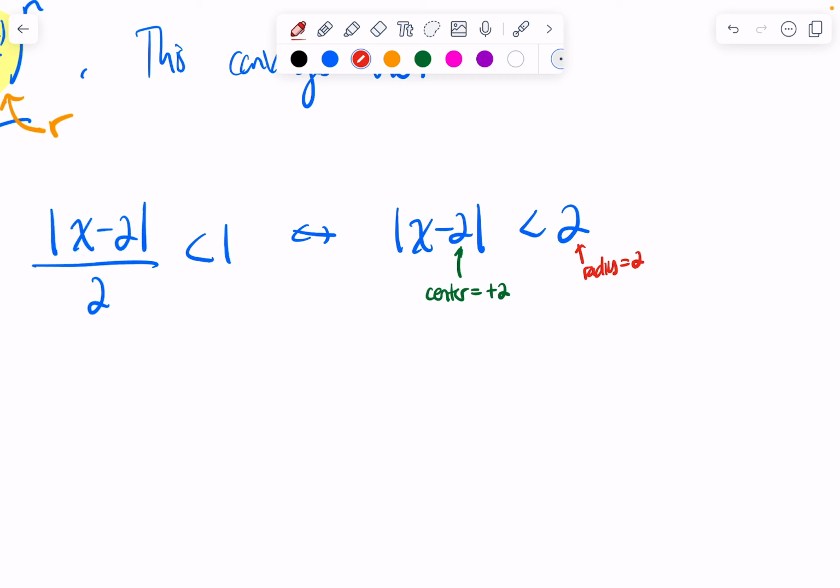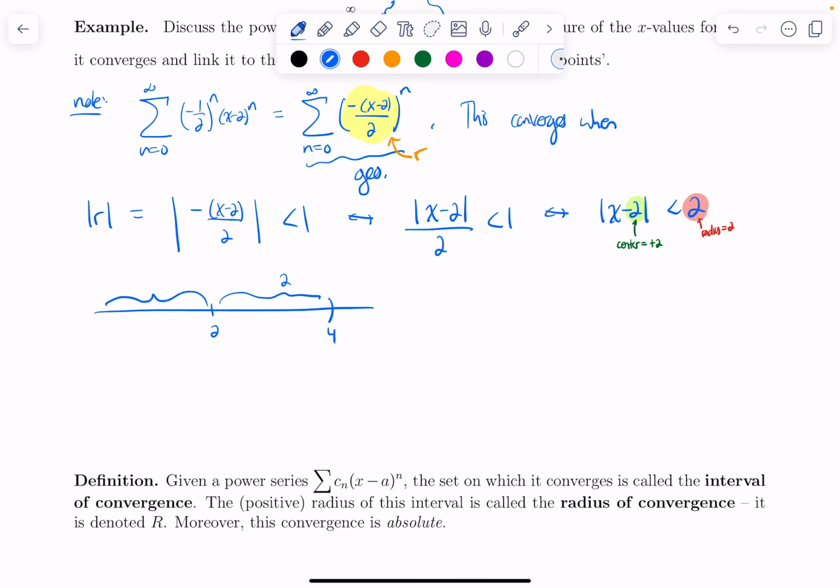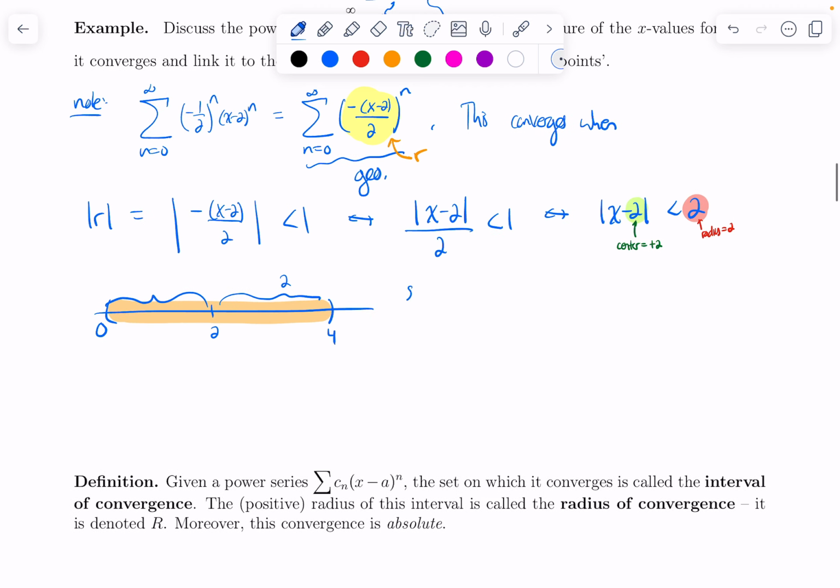So if I think about that picture, again, the center and then the radius, then what I'm working with is the following picture. I center myself at 2. I go 2 to the right, giving me a 4. I go 2 to the left, giving me a 0. And that entire region is exactly what I'm looking for in terms of convergence.